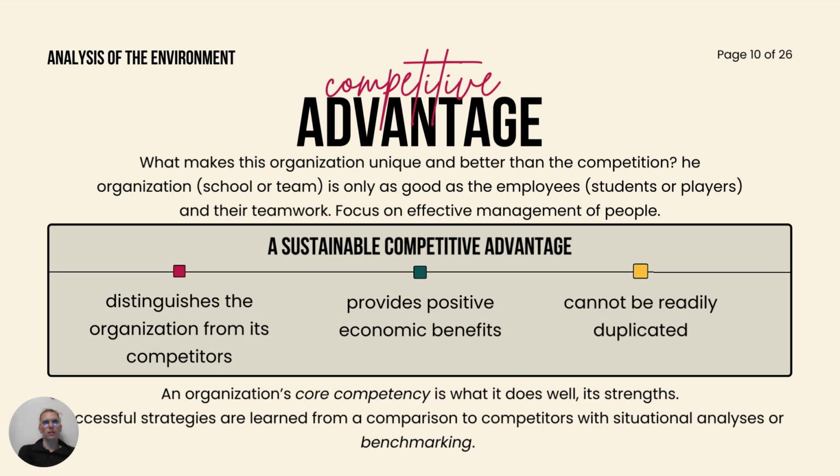So that's what the PE or athletic department manager or athletic director is going to do. Effectively manage people. It says a sustainable competitive advantage distinguishes the organization from its competitors, provides positive economic benefits, and cannot be readily duplicated.